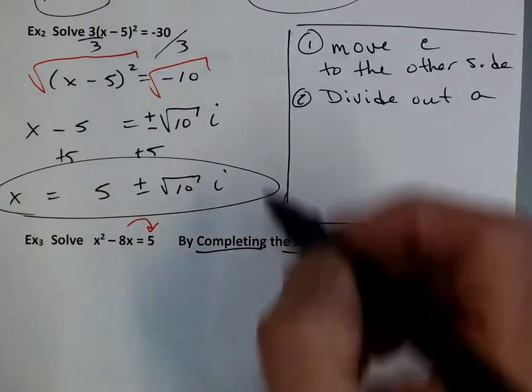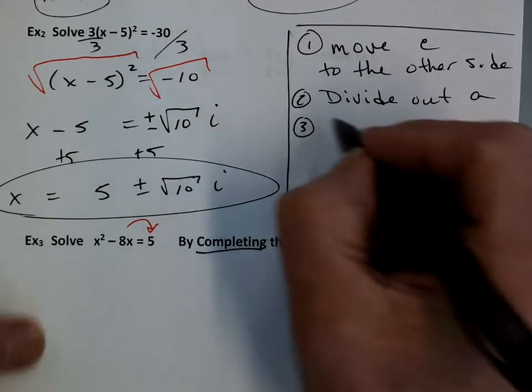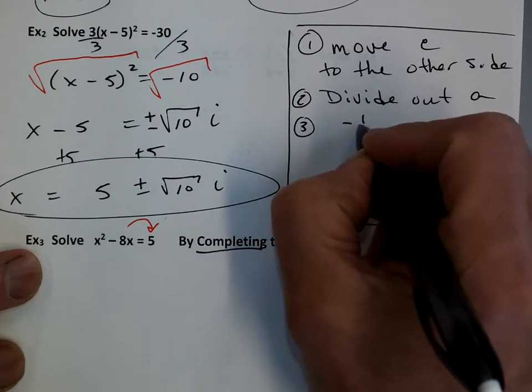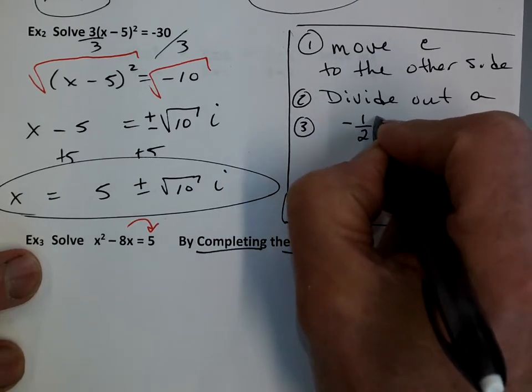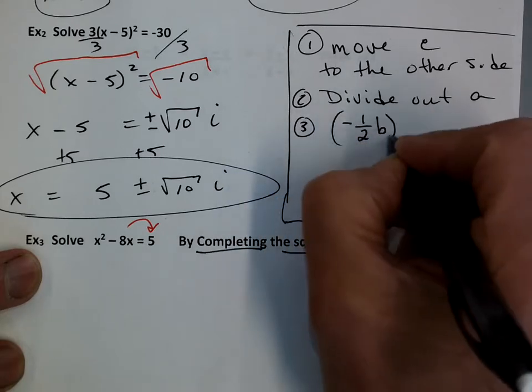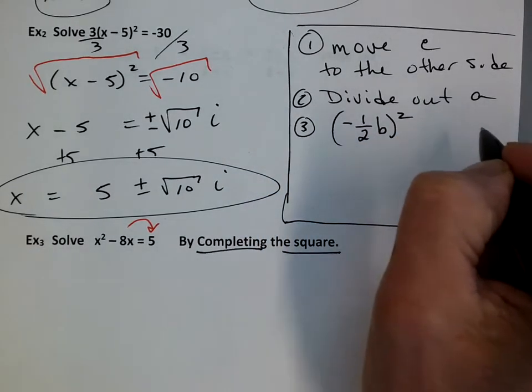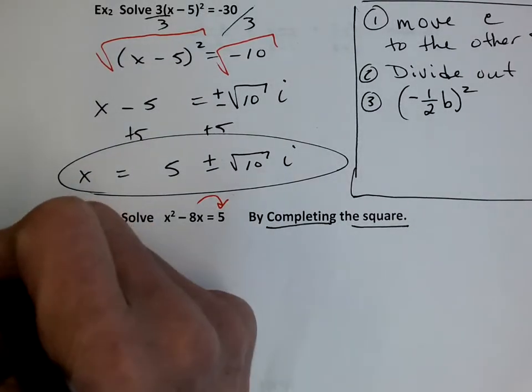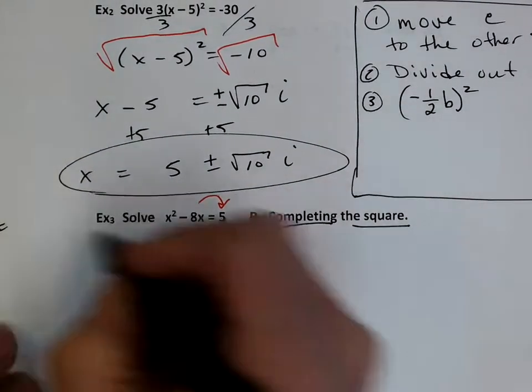But now step 3, here's how we do it. Step 3, we're going to take one half of b, squared. Let's see, what do I got? b is negative 8.